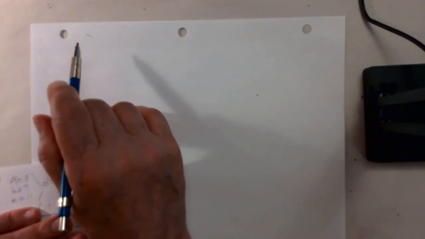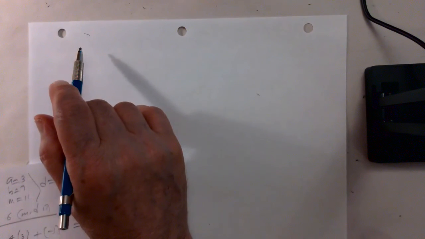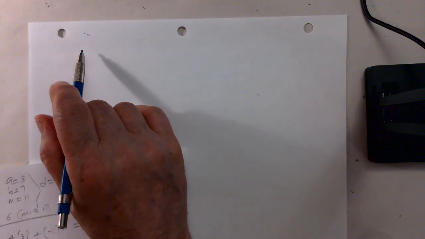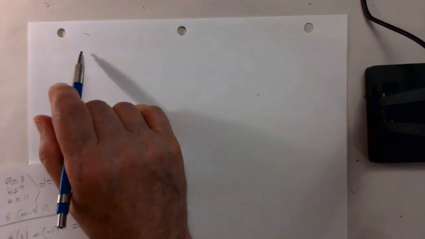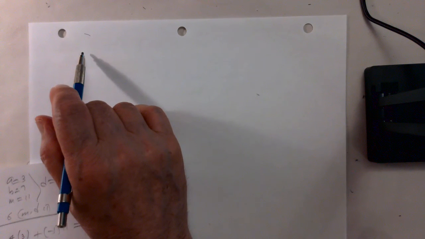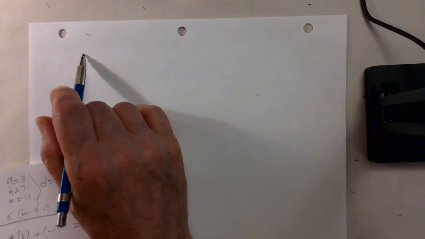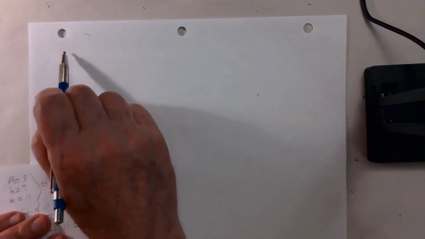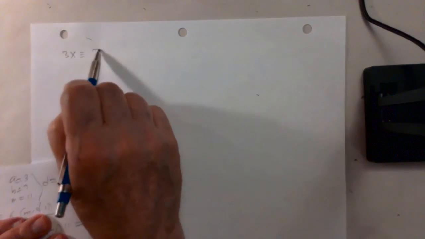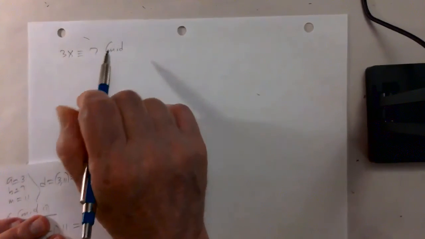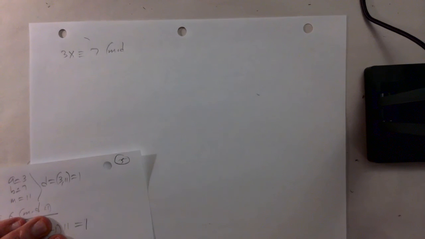Let's look at another example. Instead of 3x congruent to 7 mod 11, suppose we look at 3x congruent to 7 mod 15.